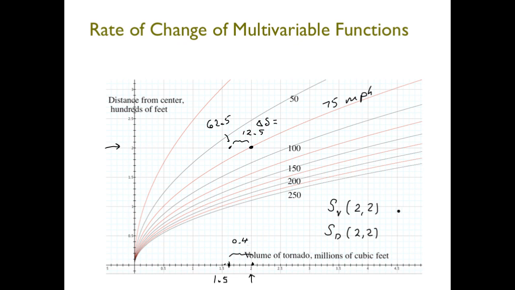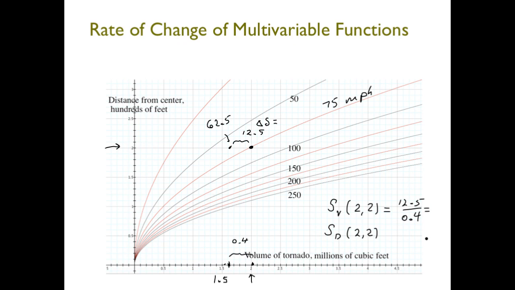So S sub V of 2 is the change in wind speed for a change in a million cubic feet, and we get some number with units of miles per hour per million cubic feet. And we could interpret that.